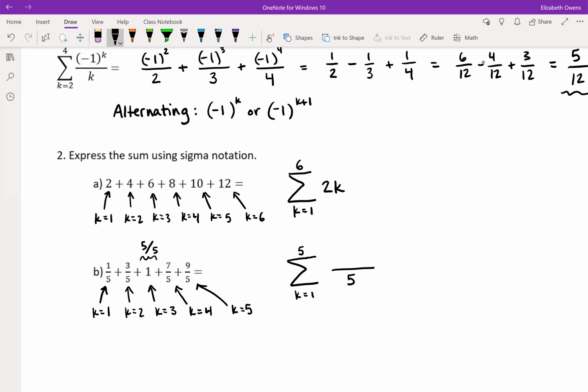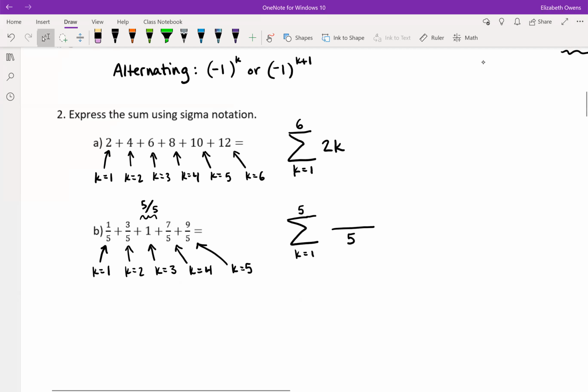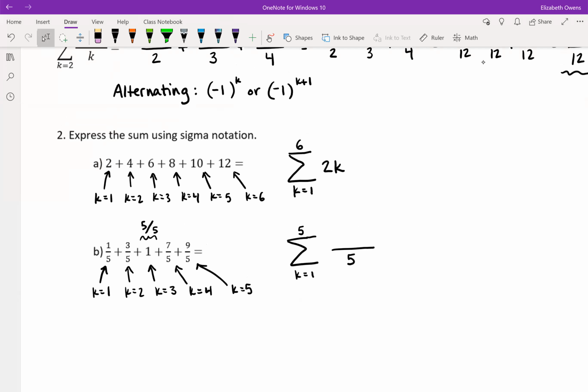So let's see, there's a nice way, or a couple ways, to express odd numbers in sigma notation. Note that in that previous example, we had a sum of all even numbers, and our formula was 2k. That's worth noting.